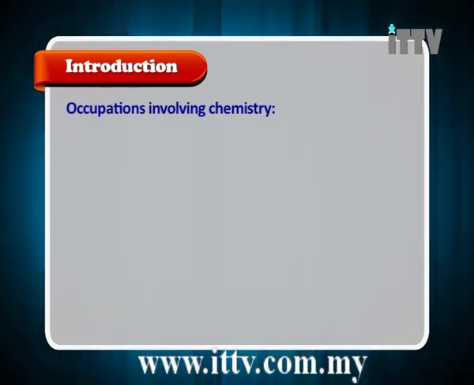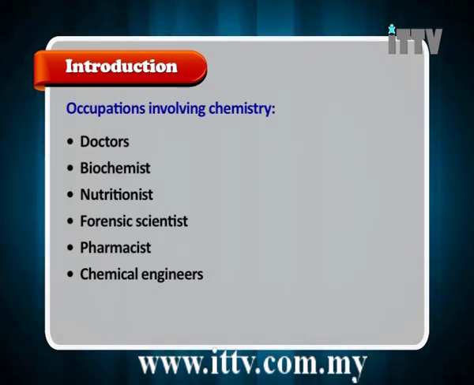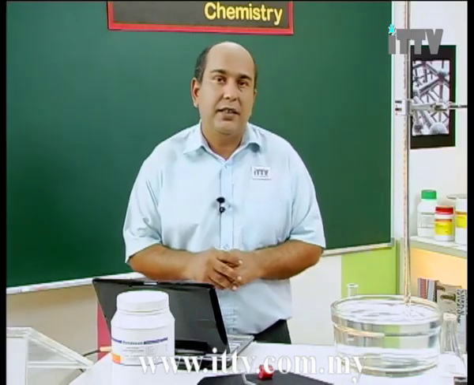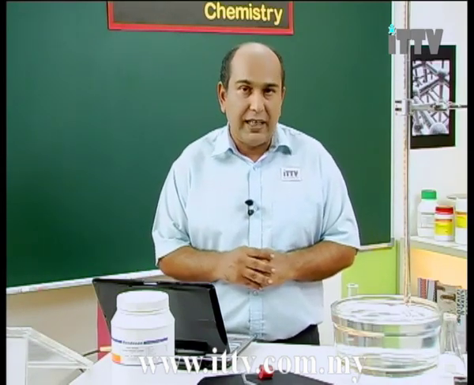Occupations involving chemistry: doctors, biochemists, nutritionist, forensic scientist, pharmacist, chemical engineers, agriculturalist, biotechnologist, food technologist, polymer scientist, genetic scientist. So there is a wide variety of careers that you can choose from if you focus and specialize in chemistry.